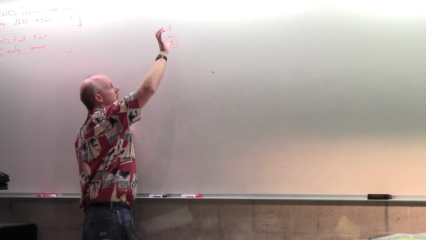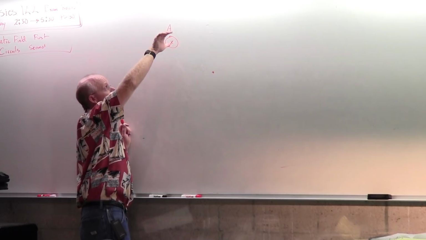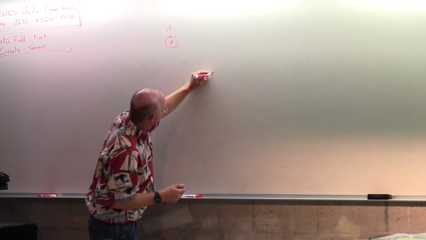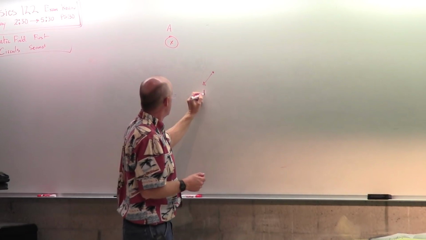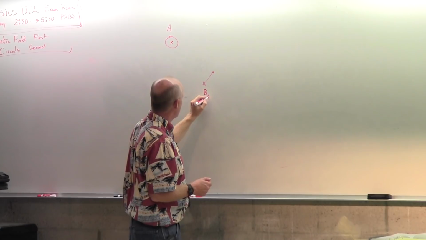Curl my hand, and I guess it would be like that, right? And so that would be the magnetic field from A.